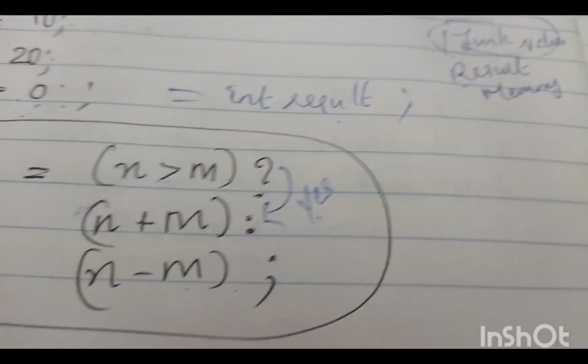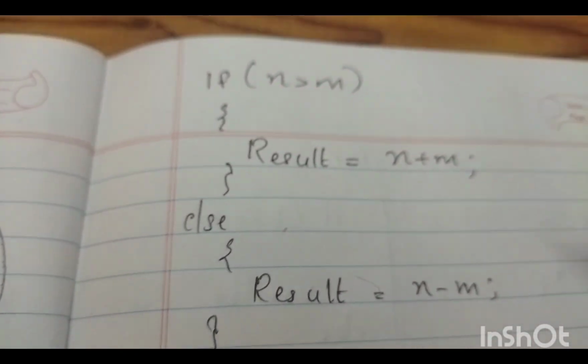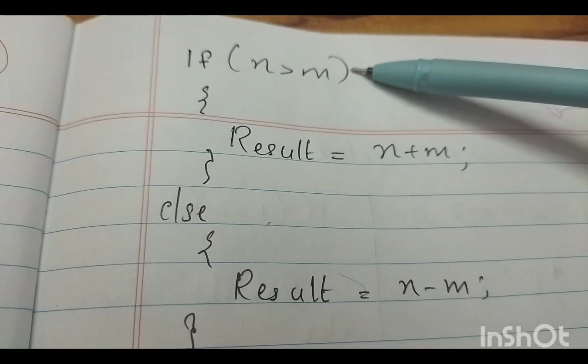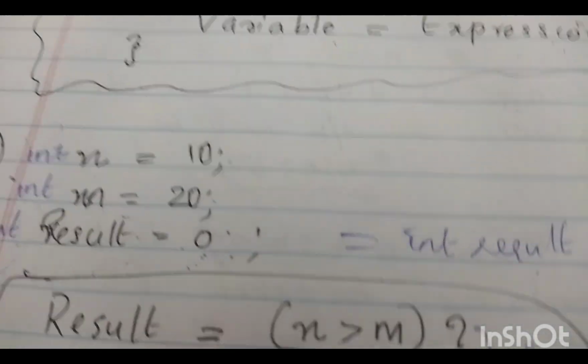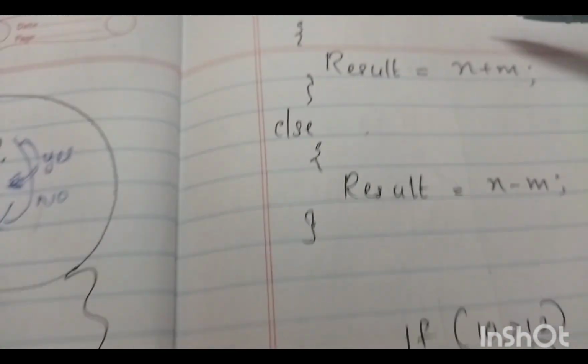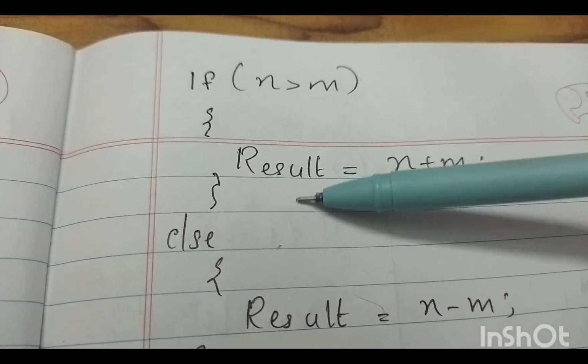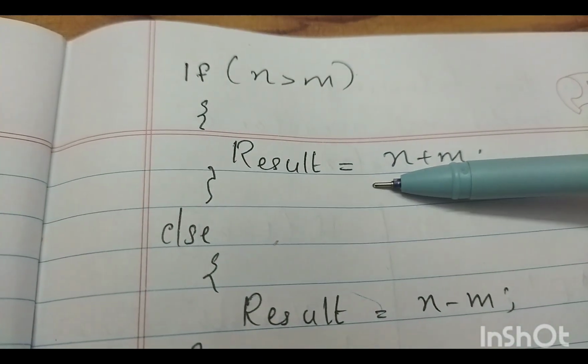So, can we convert this to an if-else statement? Here expression 1 is n greater than m, so in braces, in the variable result, we store n plus m.